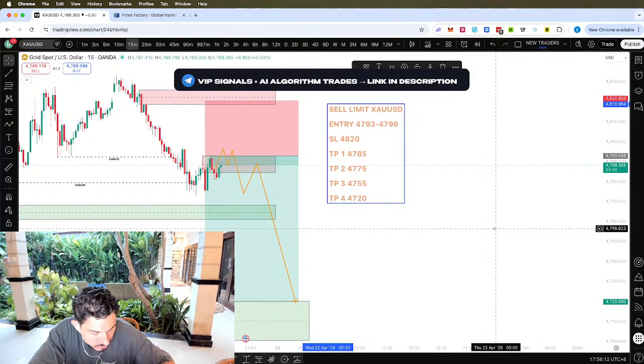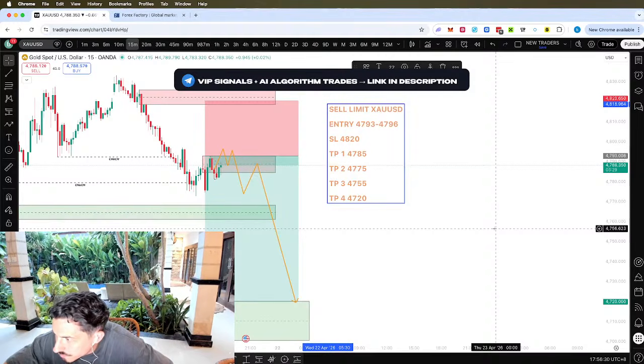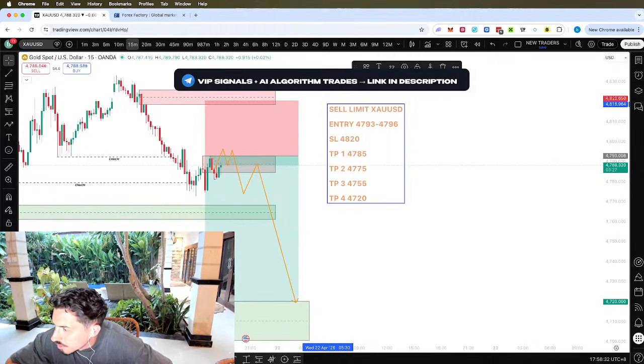I'll wait a bit. Are we changing direction or are we still holding the sell? Oh, still holding the sell, dog.